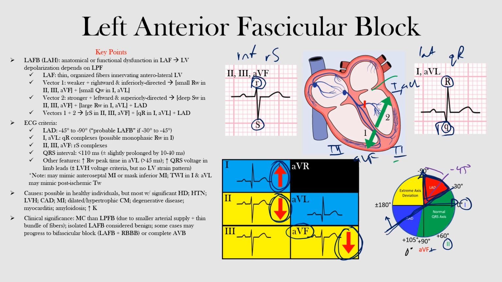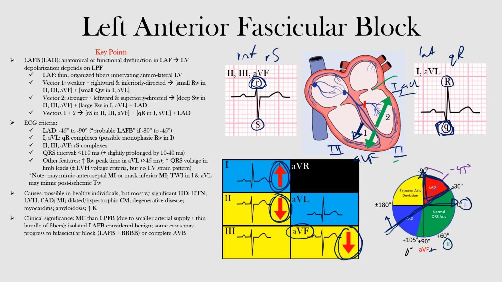Notice that the small R wave in the inferior leads is positive because the vector is heading towards them. And it's heading away from the lateral leads, and that's why we see a small Q wave in those leads. This initial vector that's depolarizing the interventricular septum is heading away, and that's why we see small Q waves in 1 and AVL.